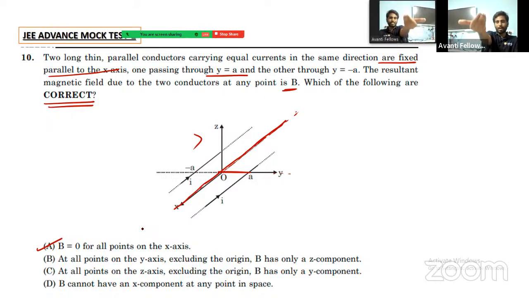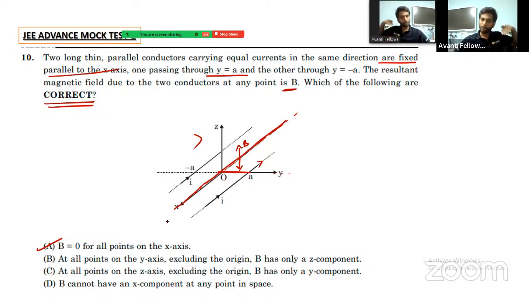At a point on the x-axis the magnetic field will be coming in the upward direction. Z component आ रहा है ना, मैग्नेटिक फील्ड इधर आ रहा है due to the y-axis current carrying wire. Similarly due to the wire kept at minus a, current इधर जा रहा है, it will be coming in the downward direction, like this, it is the minus component.